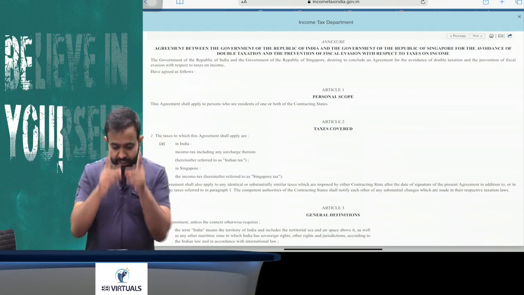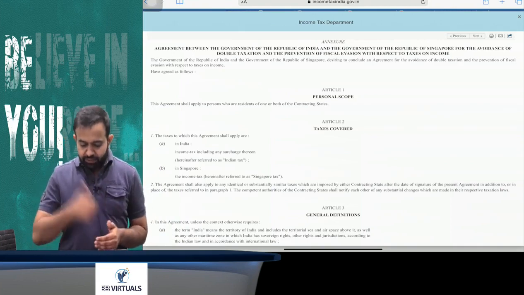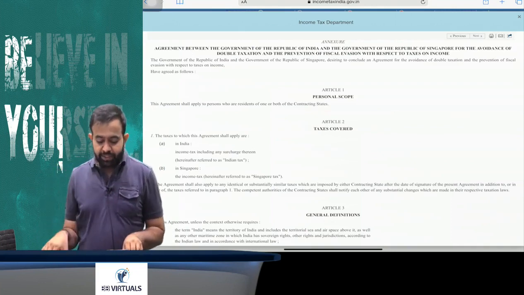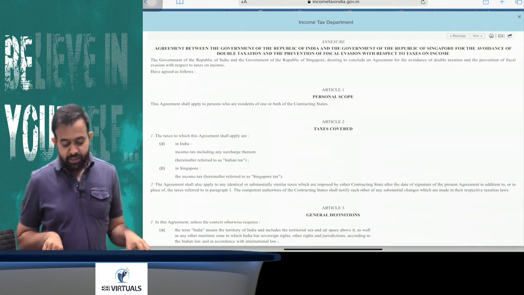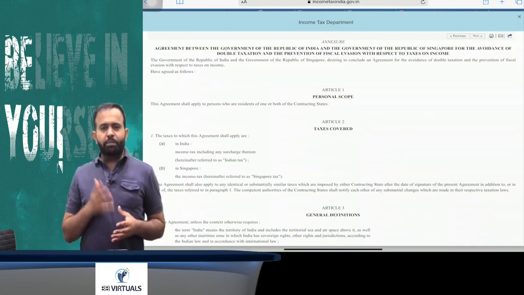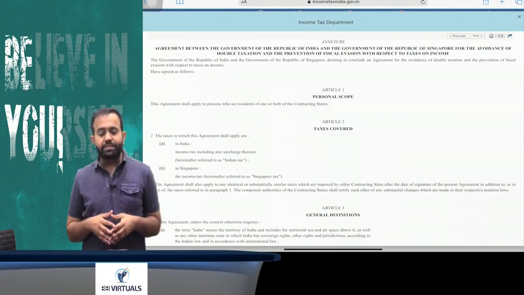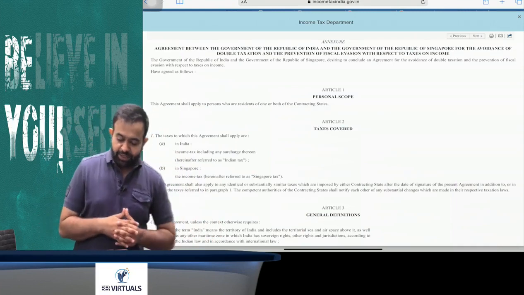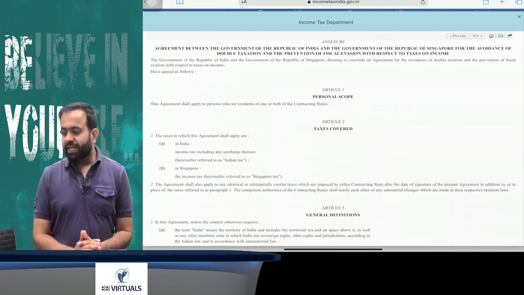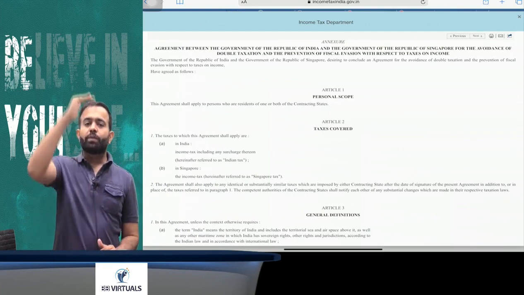Agreement between the government of the Republic of India and the government of the Republic of Singapore for the avoidance of double taxation and prevention of fiscal evasion with respect to taxes on income. So this agreement is between the Republic of India and the Republic of Singapore, and its main purpose is the avoidance of double taxation and the prevention of fiscal evasion with respect to taxes on income. Now guys, in every agreement, there are lots of articles.